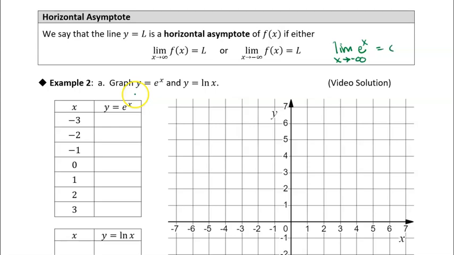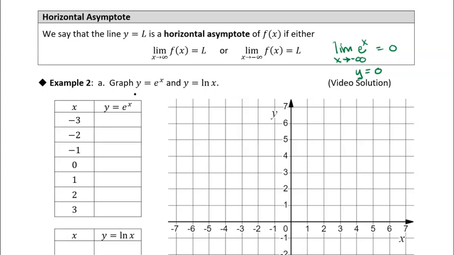We got 0. So we got a finite limit as x approaches negative infinity. And so when that happens, we call that line, in this case y equals 0, a horizontal asymptote.